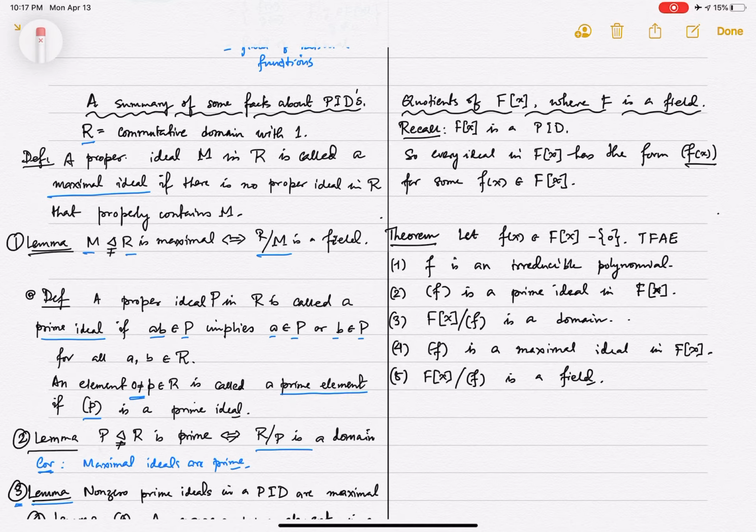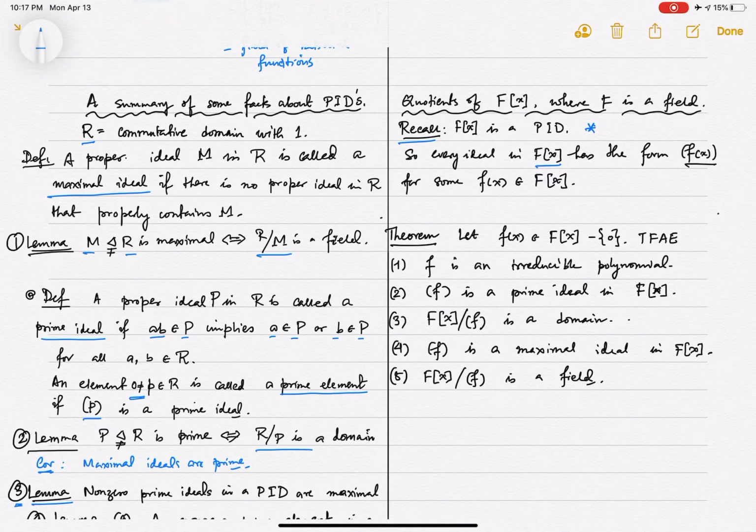So first thing to remember is that this is a PID. That's what makes everything work. That's why we collected all these facts about PIDs. So every ideal in this ring F[x] has the form (f(x)) for some f(x) in F[x]. It's generated by a single polynomial.